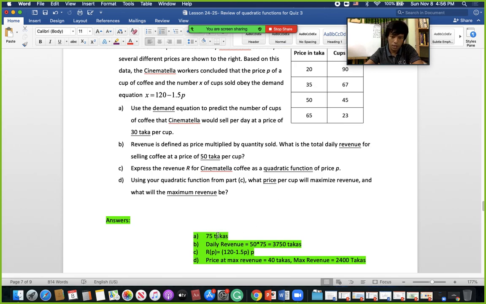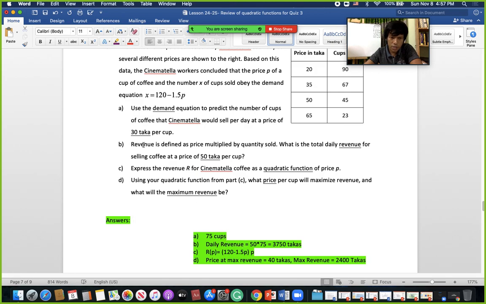This is not taka. This will be 75 cups of coffee, or just 75 cups also you can write. Let's not make it bigger, unnecessarily. So 75 cups, because we put the price, then we get the amount.